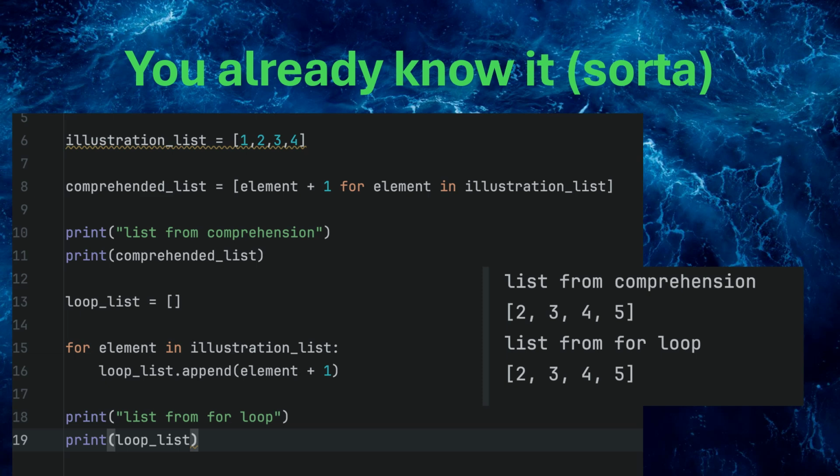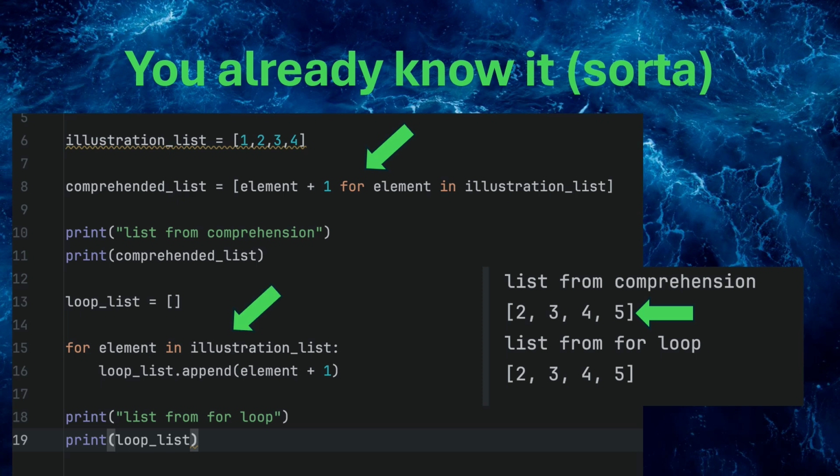So you can see here you have an example where basically we do the same thing with a list comprehension and with a for loop. So here you can see in the list comprehension, you just say, I want to do this for each element in my list, right? And then you see it's going to add 1 to each element. And with a for loop, you do it somewhat differently.